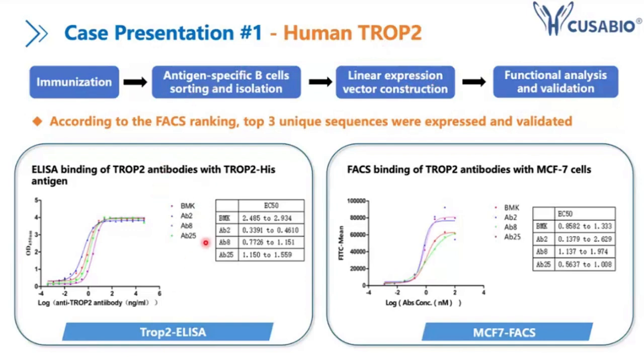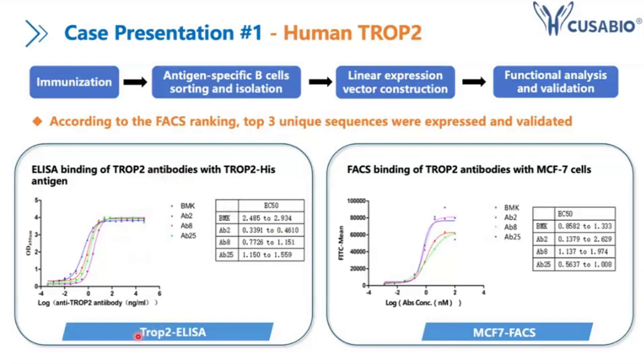The top 3 were selected based on the Phage ranking result. We do the ELISA verification, and we also do the Phage. After the Phage validation, we choose the top 3 to express and validate again with the ELISA and the Phage. So here's the result.